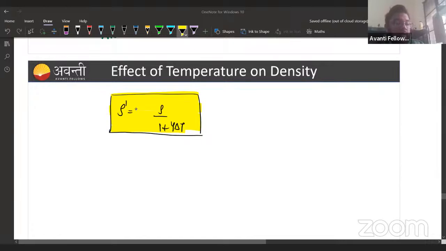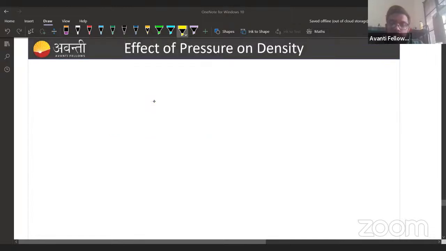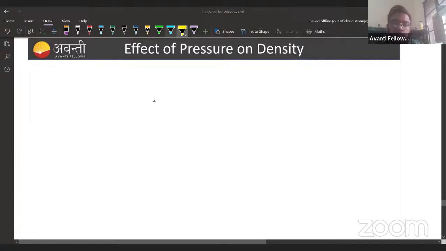Effect of pressure on density. What will happen if I apply pressure on a certain body? So as we saw in the previous one, for example, if there is a box, let's say, and it contains a certain amount of liquid in it, right?